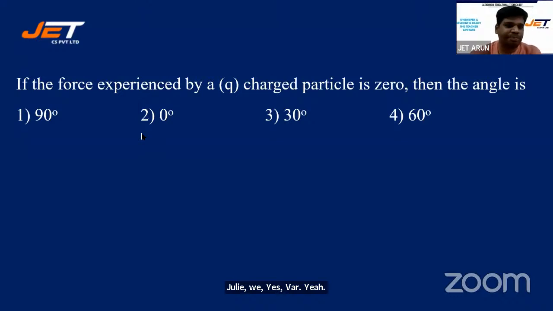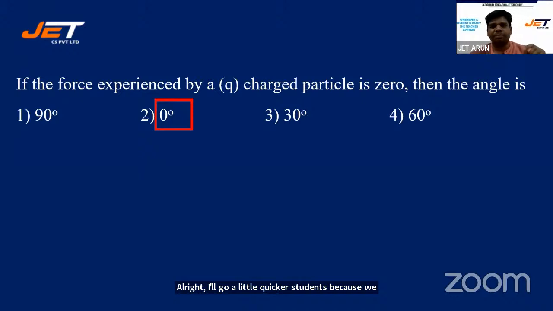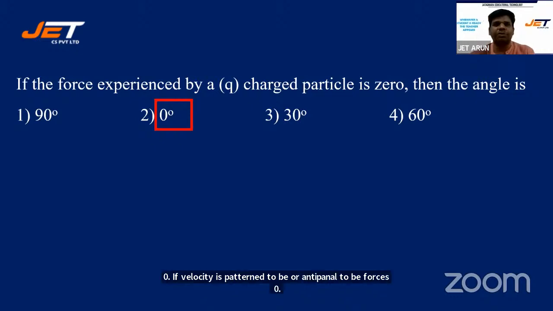All right, I'll go a little quicker, students, because we have a math session after this. It is 0, right? I told you, if velocity is parallel or anti-parallel to B, force is 0. In other words, sin 0 is 0, sin 180 is 0.